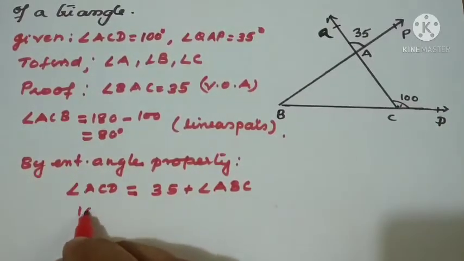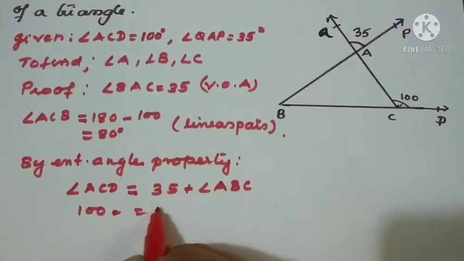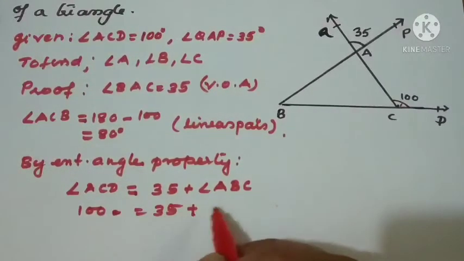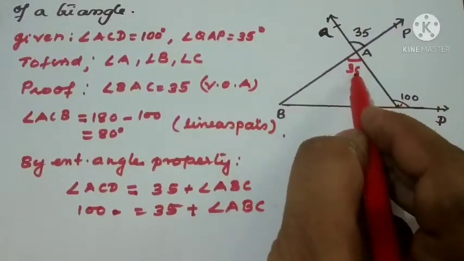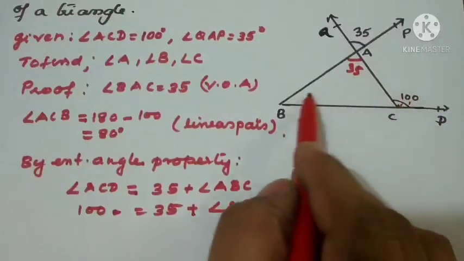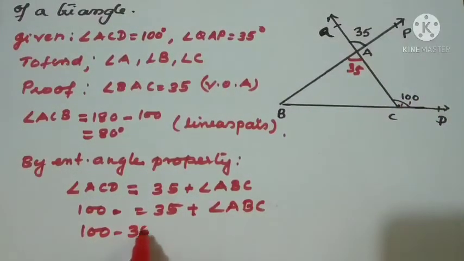So ACD is 100, equal to 35 plus ABC. Here also we got 35, right? So 100 minus 35 equals angle ABC.